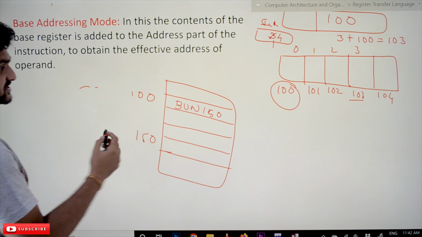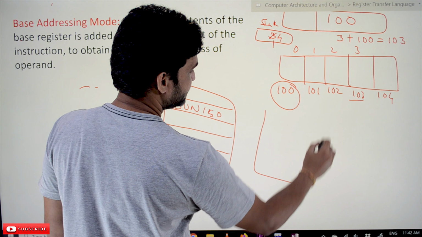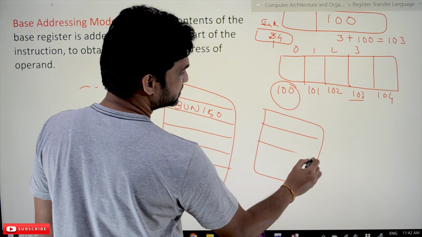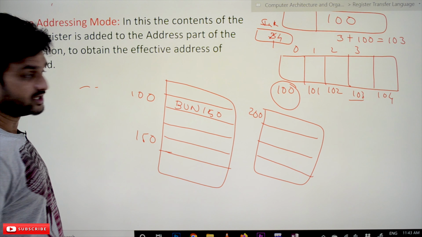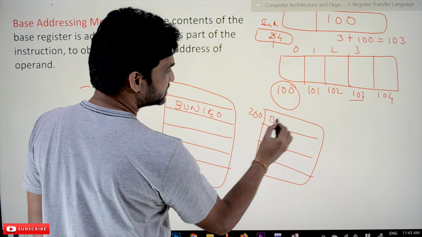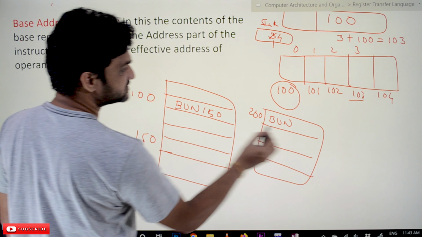There is no guarantee. For example, if the program is brought again and starts from 200, what is the value that we have here?